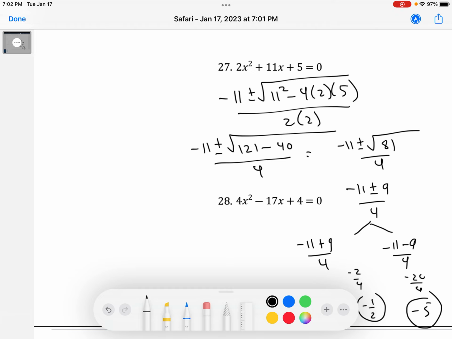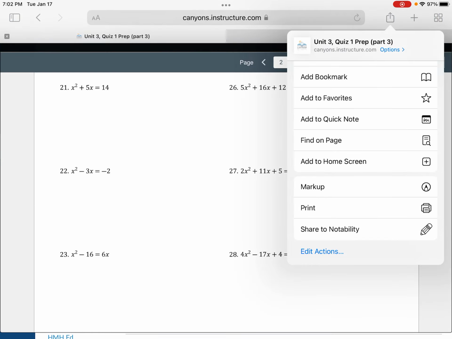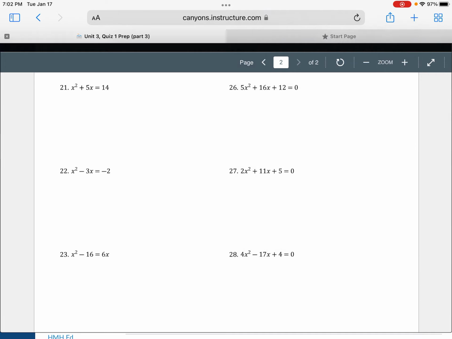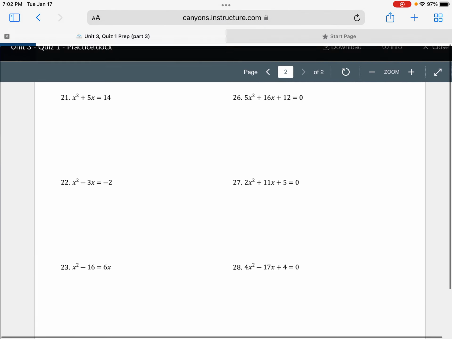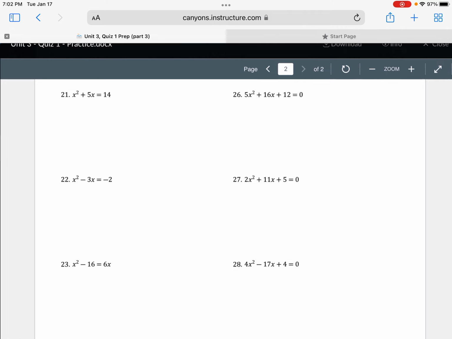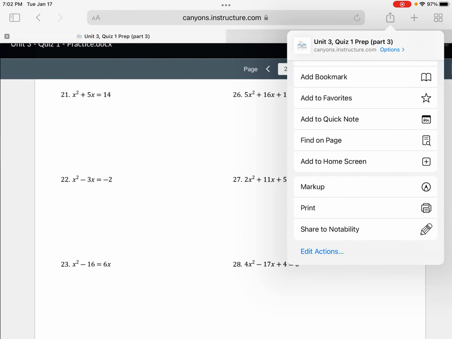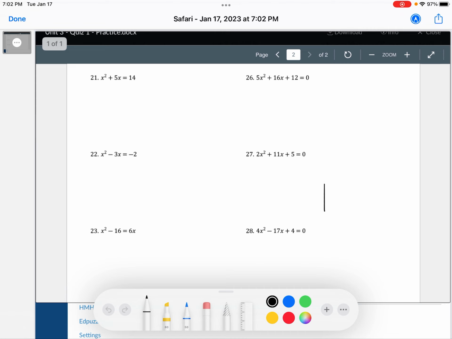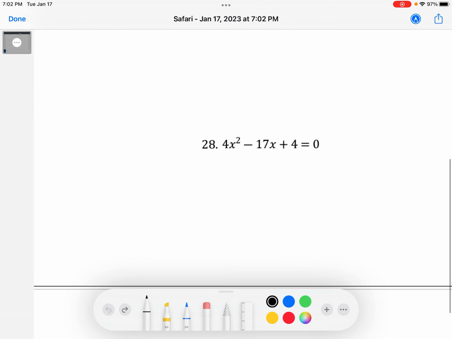Okay, let's just do one more of these quadratic equation ones because they're kind of a pain. Let's do this guy right here, the bottom one. Okay, the quadratic equation is negative b.